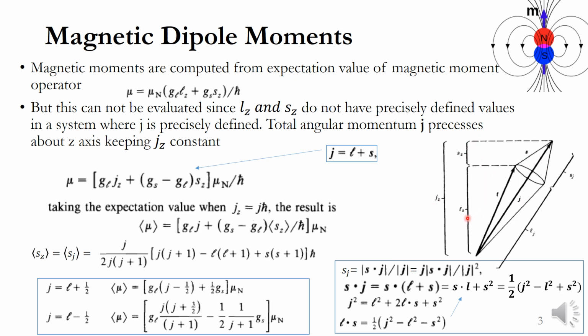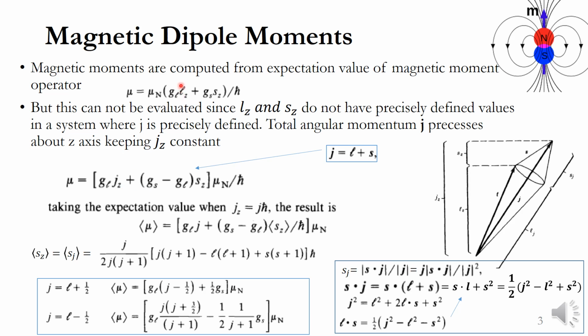So since Sz and Lz vary instantaneously, we cannot calculate μ, the magnetic moment, using this equation. So we have to use another equation.